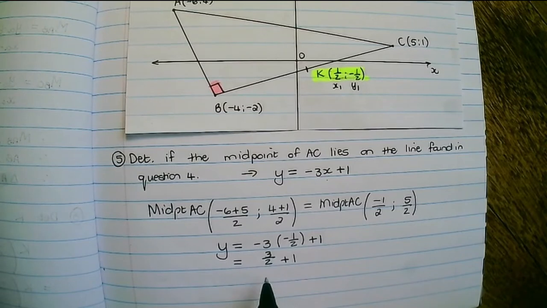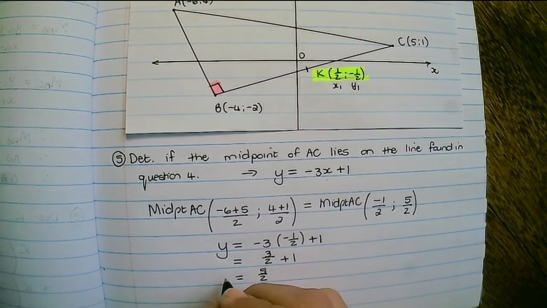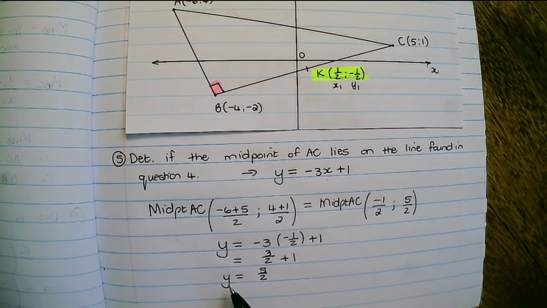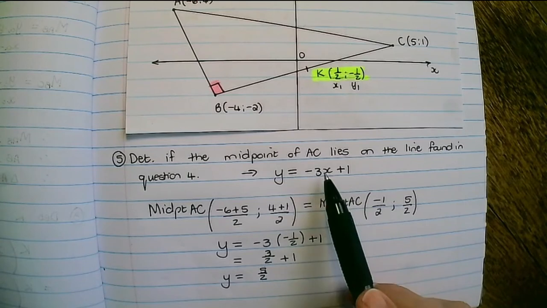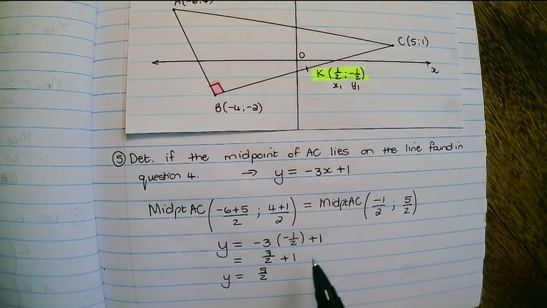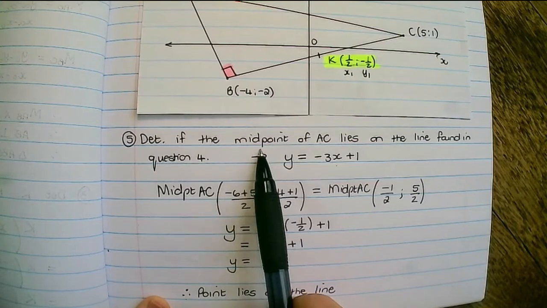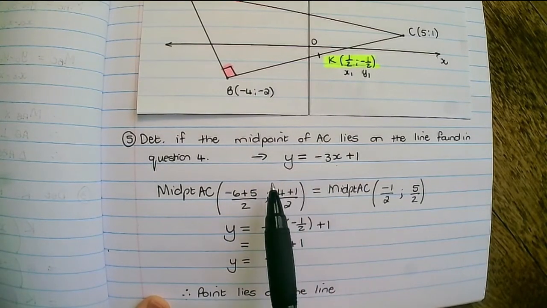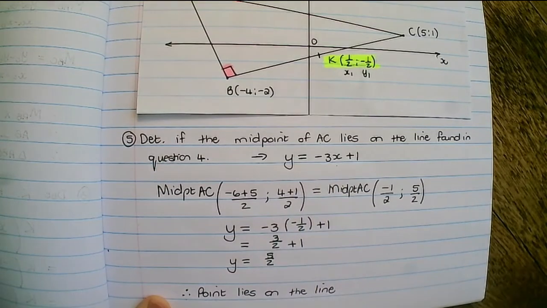So this becomes 1.5 plus 1, which is 5/2. After I have substituted the x-coordinate of the midpoint into the equation, I found that the y value is 2.5, which is the same as the midpoint. Therefore, we can conclude that the midpoint of AC lies on the line y equals -3x plus 1.